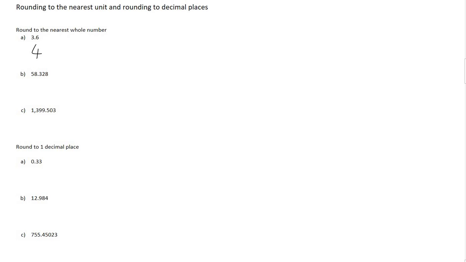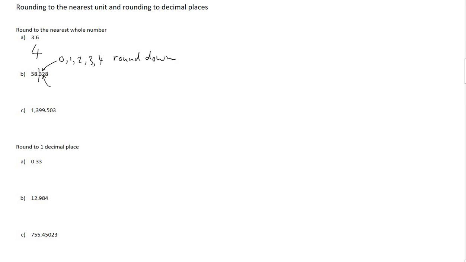My other method was to look at cutting off the number at the whole number position, okay? So the units column. This has got an 8 in the units column for part B, and I'm going to cut it off there. So I look at the number after, and if that is small, if it's 0, 1, 2, 3, or 4, I'm going to round down to the whole number below this.